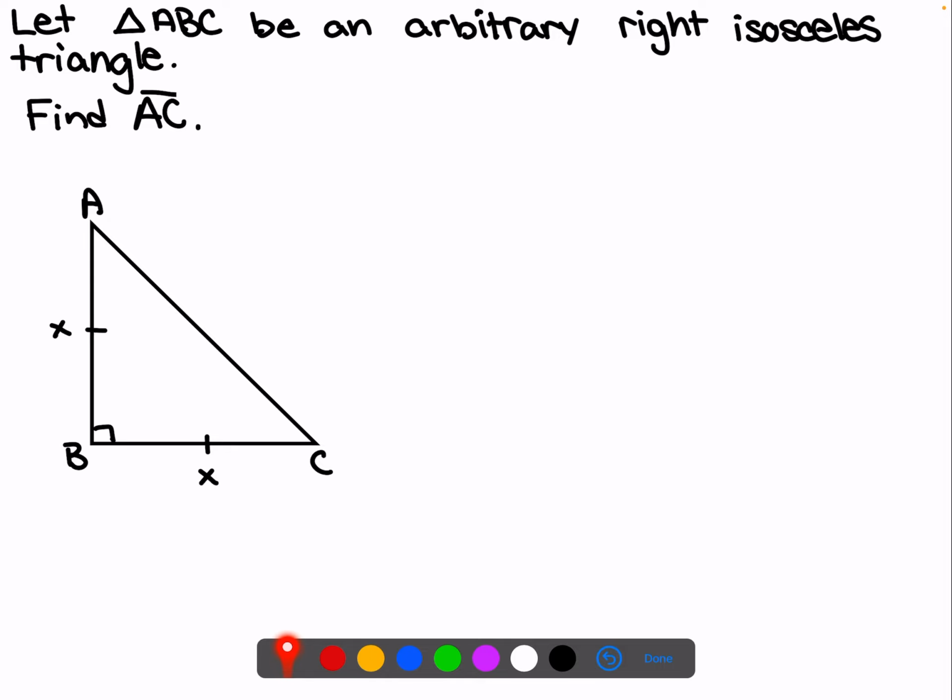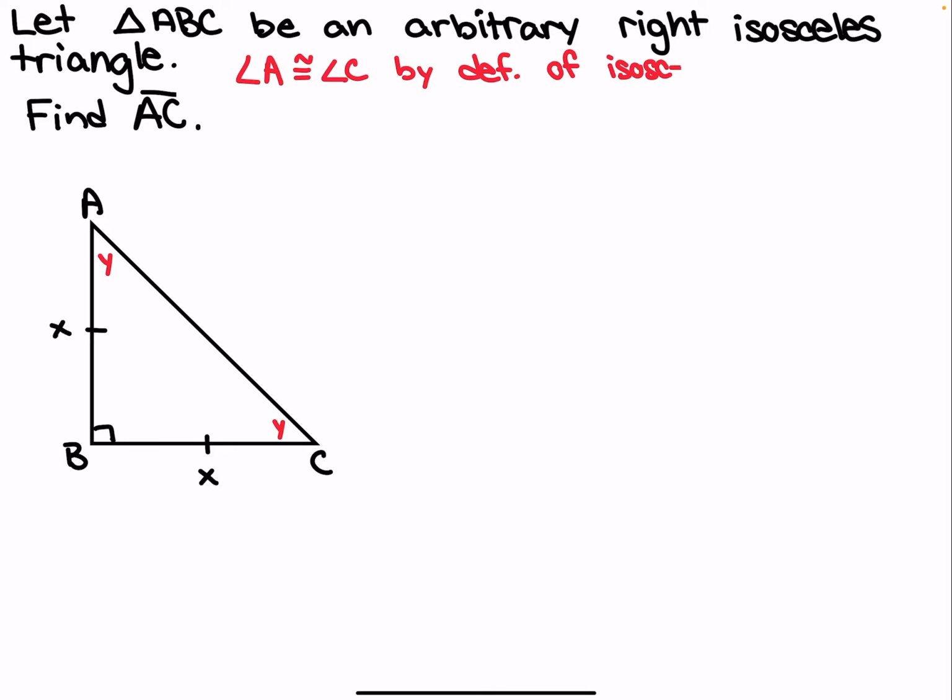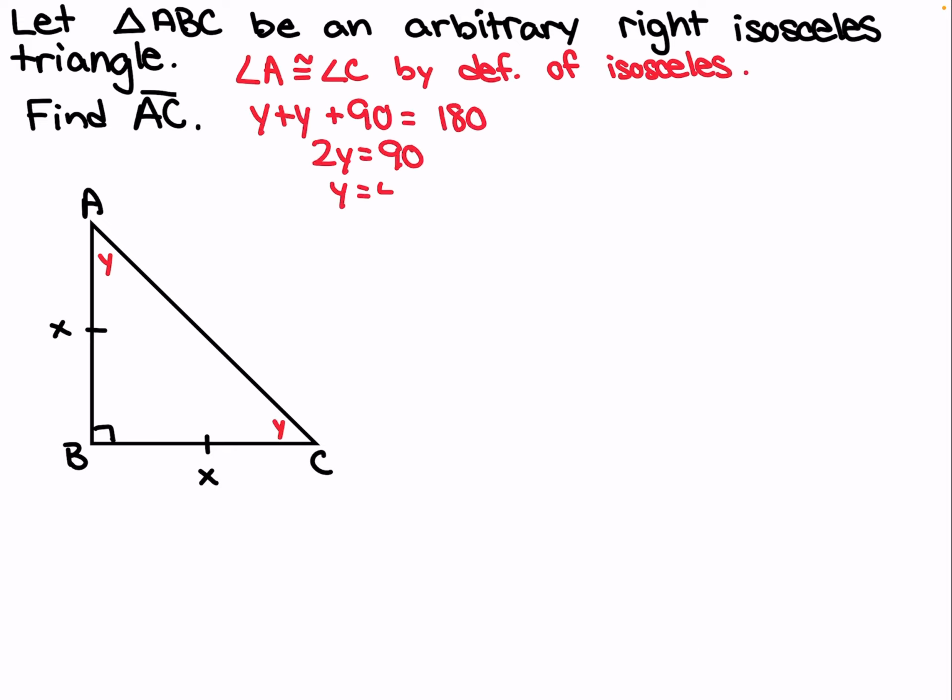So let triangle ABC be an arbitrary right isosceles triangle. Arbitrary meaning any, so in this case it's any because its variables are x, so I can plug in any value for x. And then on top of that, we know it's a right isosceles triangle. So if it's isosceles, that means angle A and angle C are going to be congruent to each other by definition of isosceles.